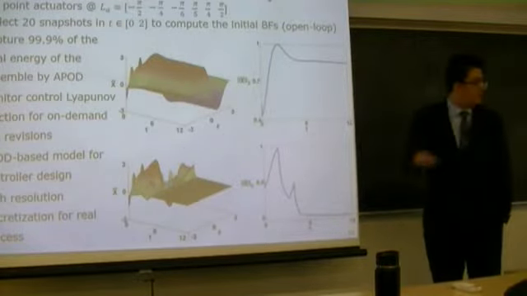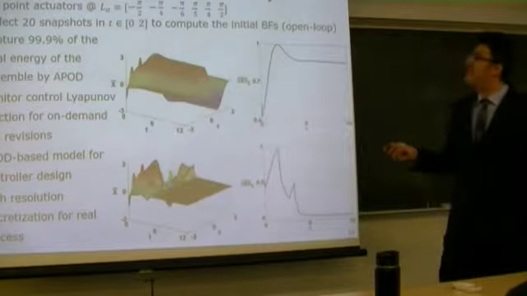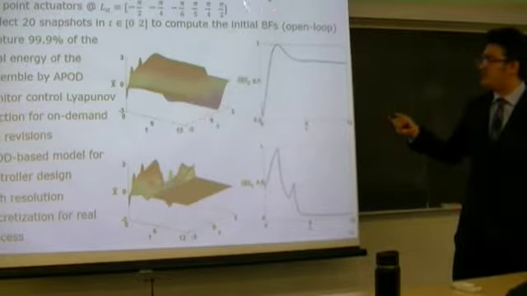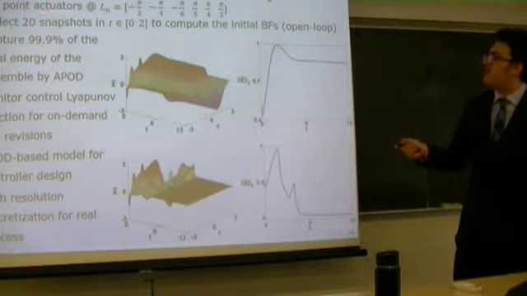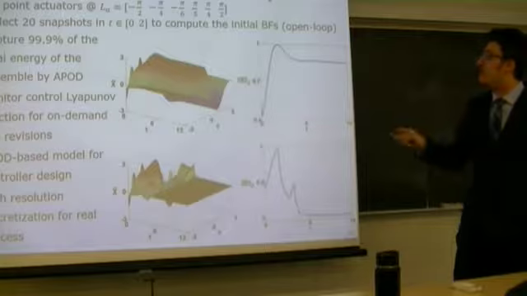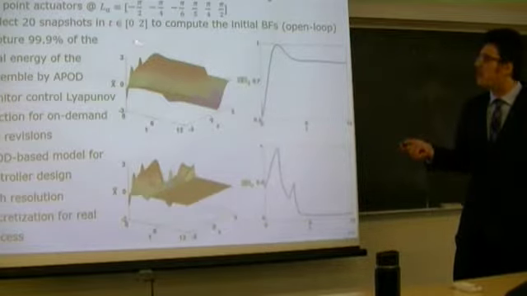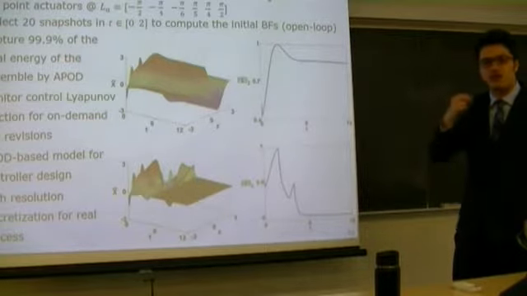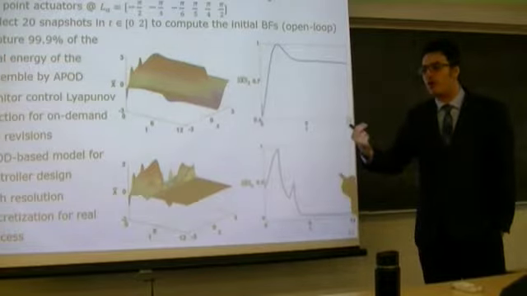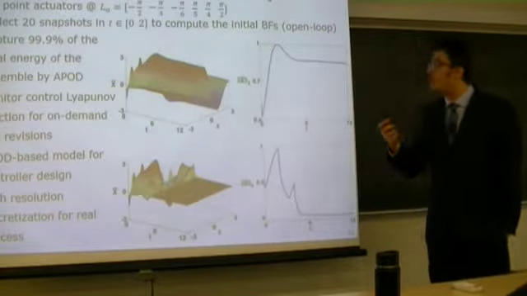In this study, we only use one continuous point measurement sensor at this location. We consider 6 point actuators, which are the liquid jets in the wall at these locations. At the beginning of the process, we consider 2 seconds to collect the required snapshots to initialize the reduced order model required for designing the controller.